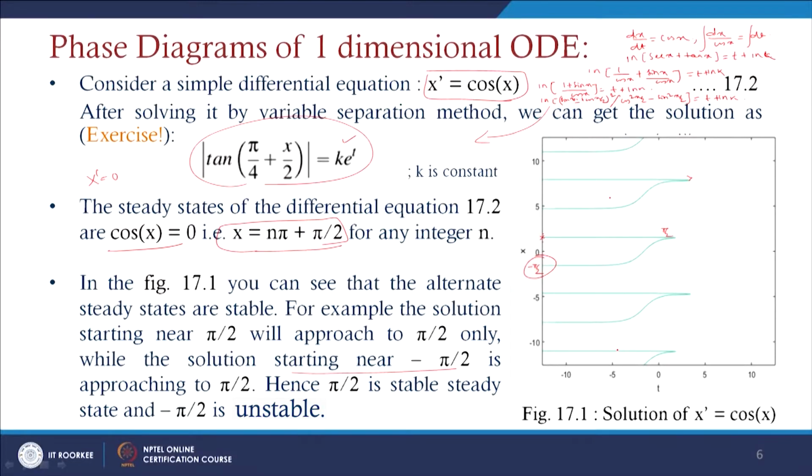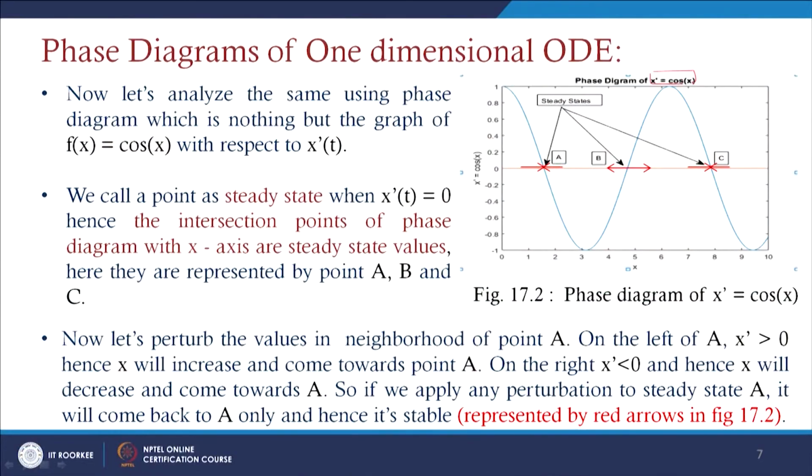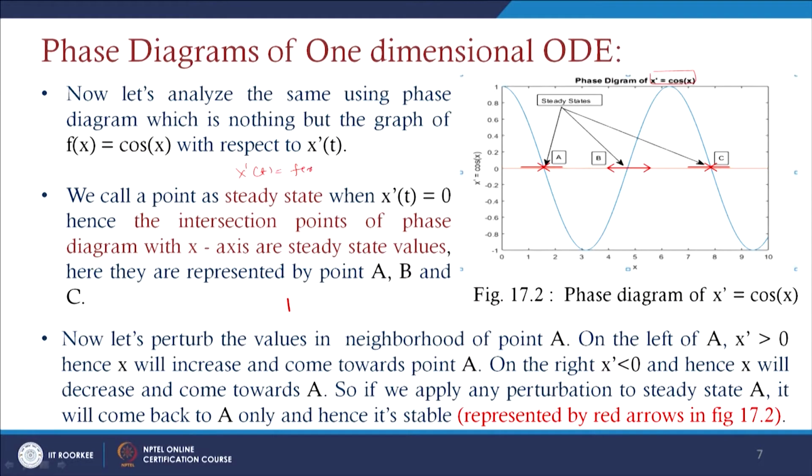And this we are analyzing in a one dimensional sense here. If you go for further analysis of phase diagrams in one dimensional sense, even if you do not know how it will behave inside the system, from the function itself you can plot this graph. Suppose we plot the cos x graph, then x dash t is represented in the form of f of x, which is written as cos x.